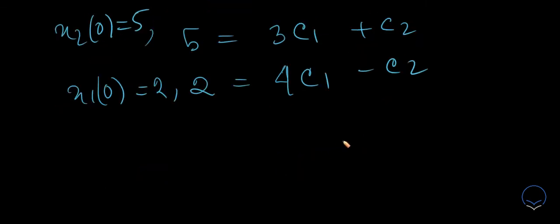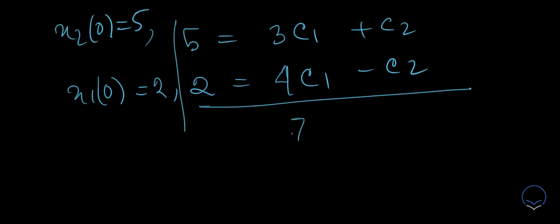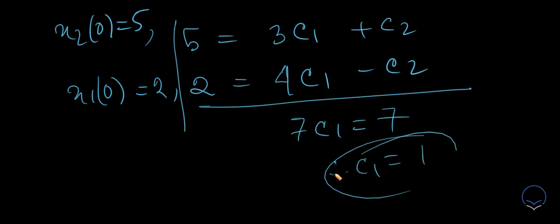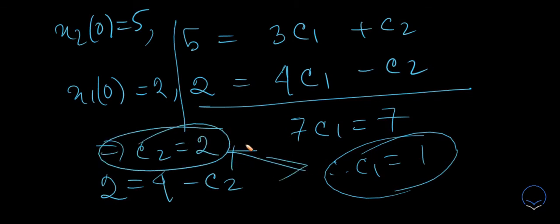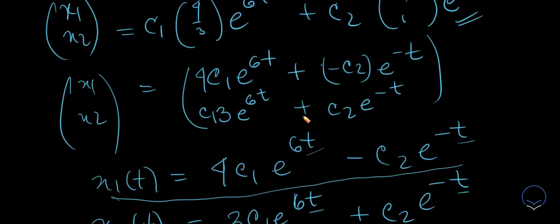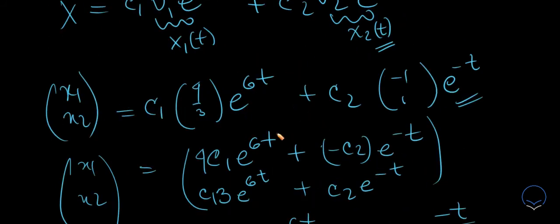Now you can easily solve for c1 and c2, because if I just add these two equations, I will have 7c1 equals 7. That means c1 equals just 1. And if c1 equals 1, then I'll have 2 equals 4 into 1, that means 4 minus c2. So that will mean c2 equals just 2. And you are done.